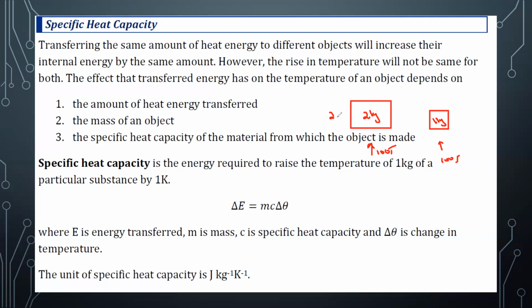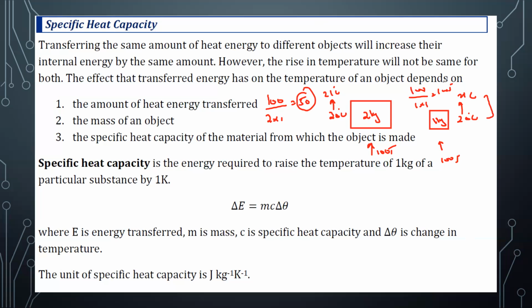And this causes, for example, the temperature to change from 20 to 21, and this also causes the temperature to change from 20 to 21. So when we supply 100 joules, that causes a change in temperature by 1 degree for 2 kilograms. So the specific heat capacity will be 100 divided by 2 times 1, which equals 50. But when we calculate for the second object, that is 100 divided by 1 times 1, so that is 100 joules per kilogram degree centigrade.